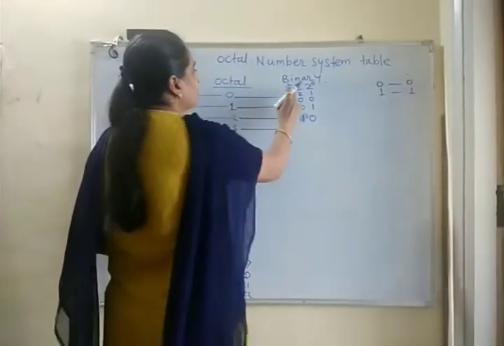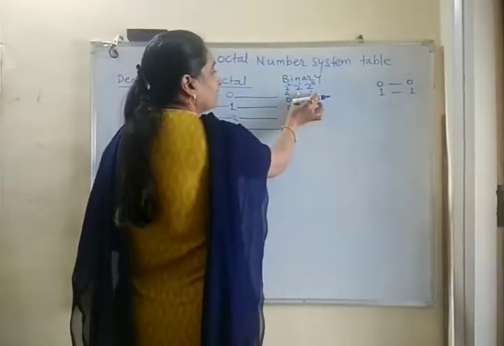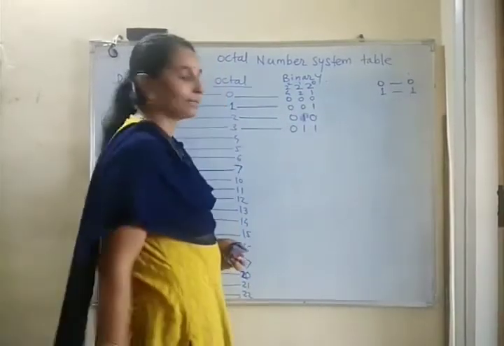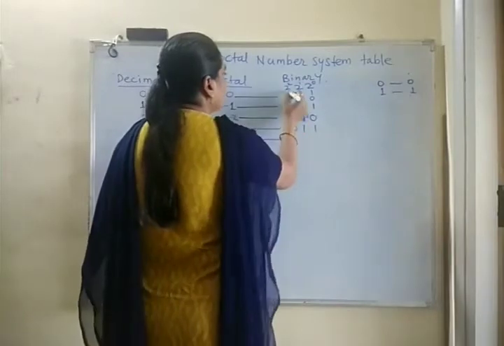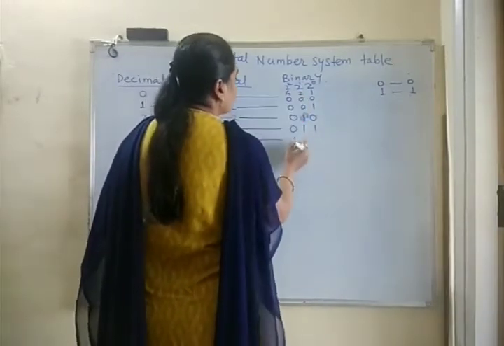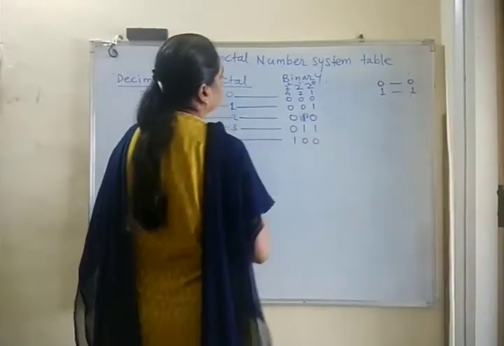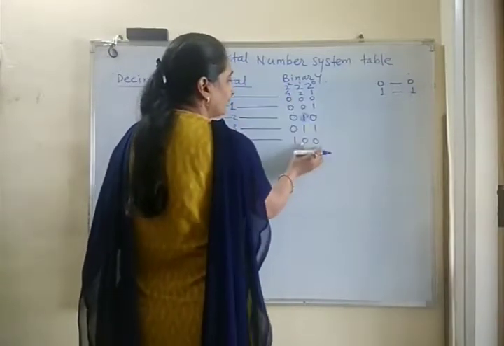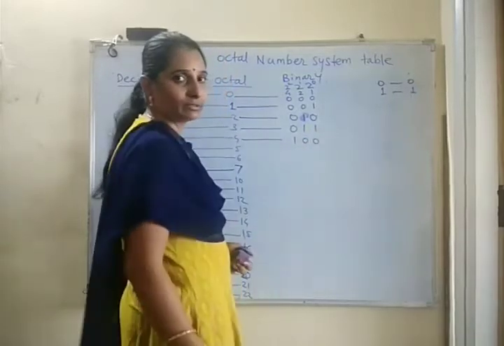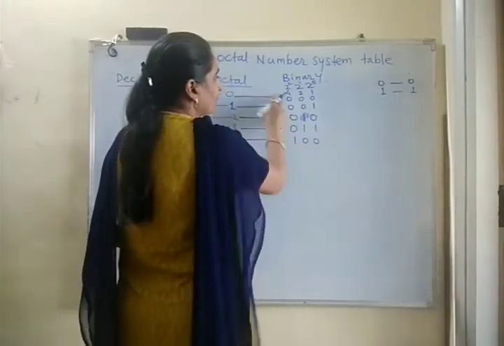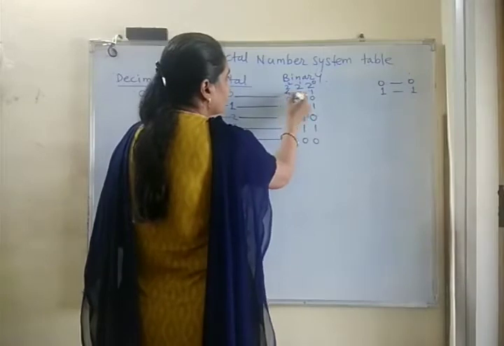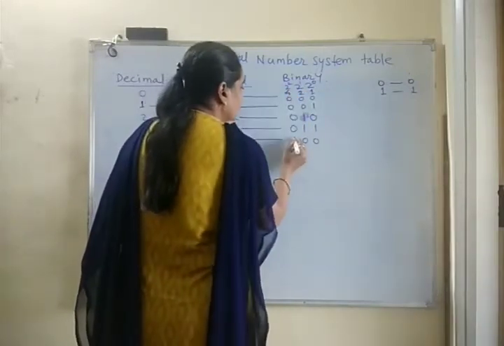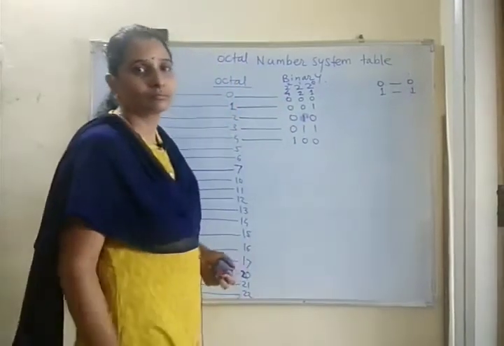Here 3 means 2 plus 1, so we use these 2 bits, that's why put 1 in those places. 4 is here, we are not using the other 2 places, so put just 0 there. Whichever bit you are using, put 1 in that column.